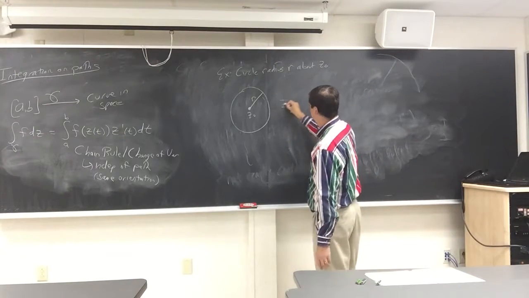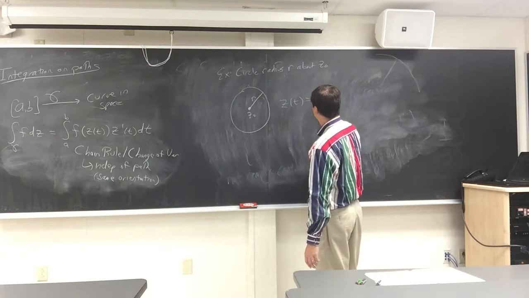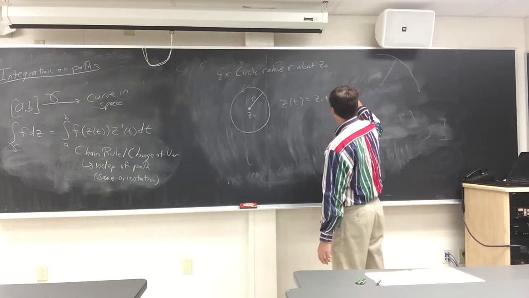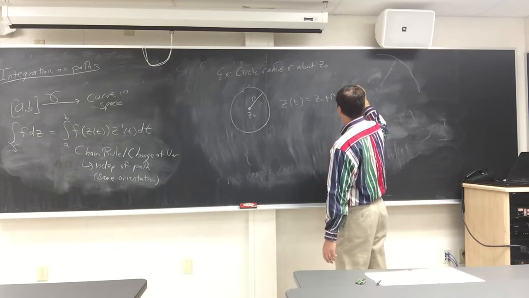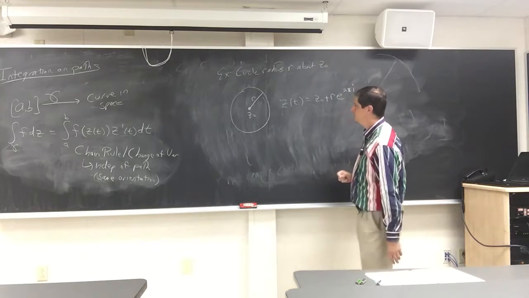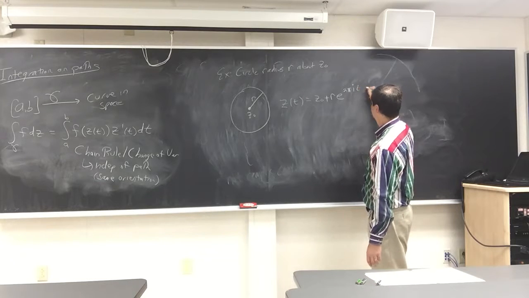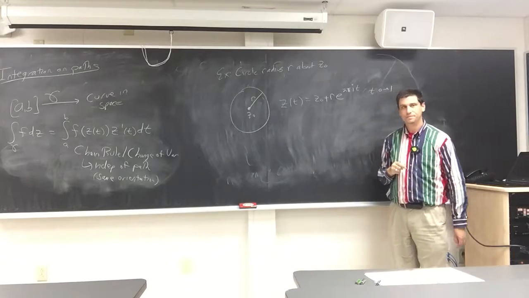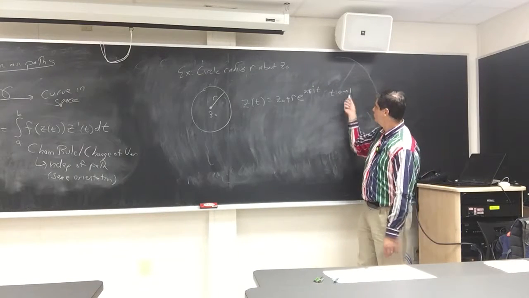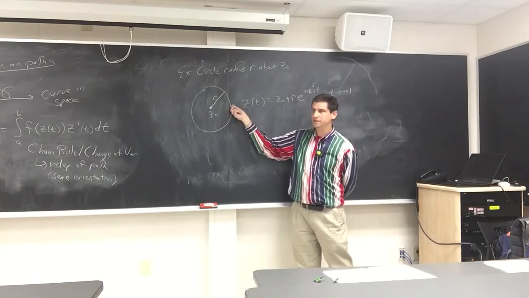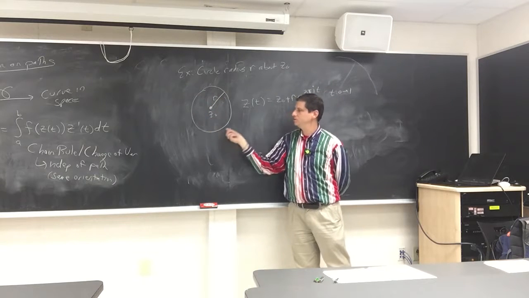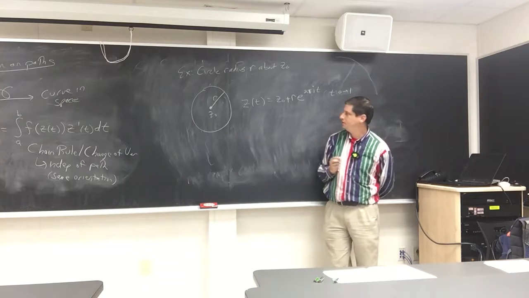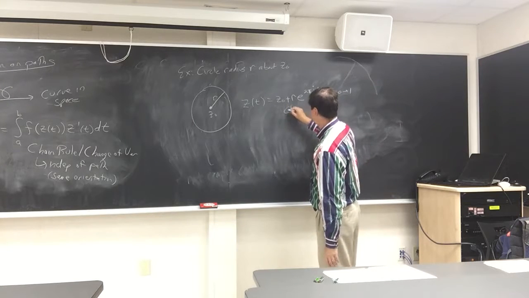And so I could write z of t is z naught plus r e to the 2 pi i t. t goes from 0 to 1. And when t equals 0, I would start off over here. And as t goes all the way around to 1, I increase by 2 pi. I come back over here. And that will be the clockwise. I'm sorry, counterclockwise.